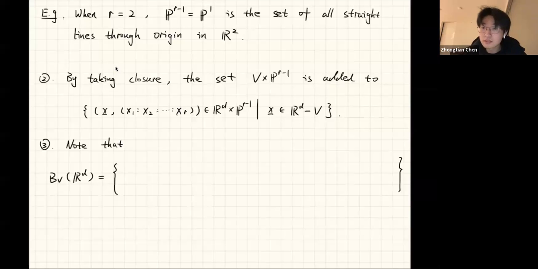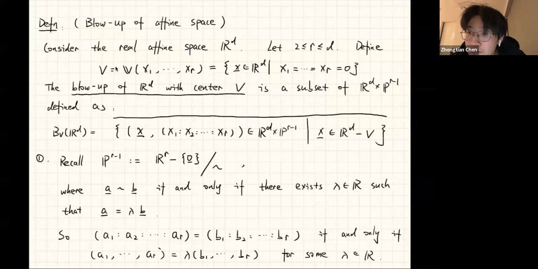I actually also have a question, just about the definition of B_V R^D. The way I'm thinking about the space is it's a vector in R^D combined with one of these lines that's in the center, and then we're taking the closure.